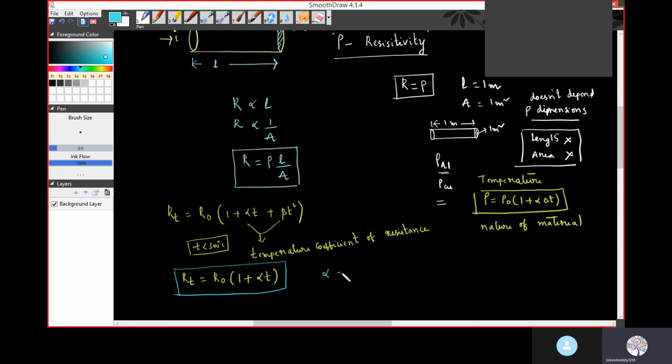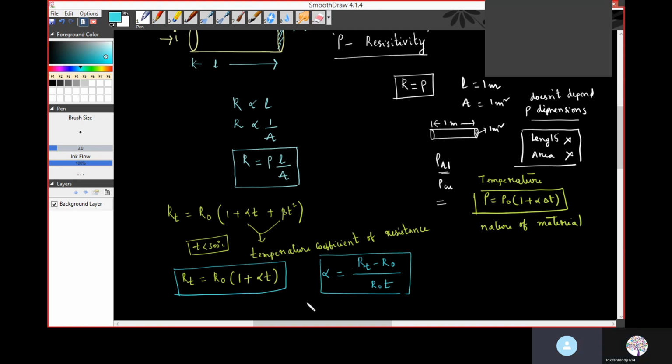If you want alpha, alpha is equal to R_T minus R naught by R naught into T. This is the alpha value.